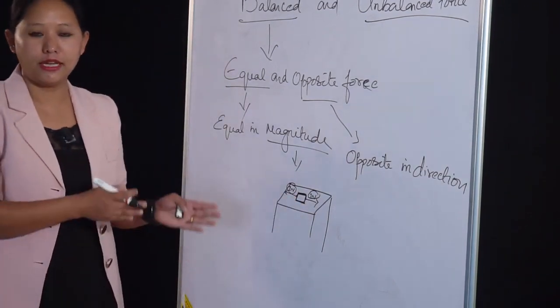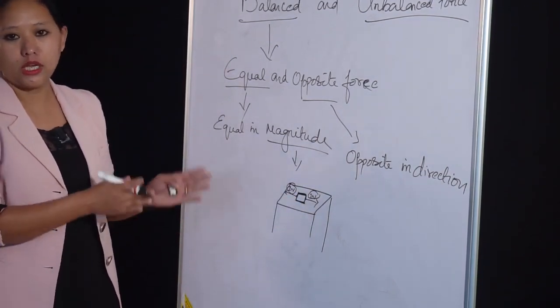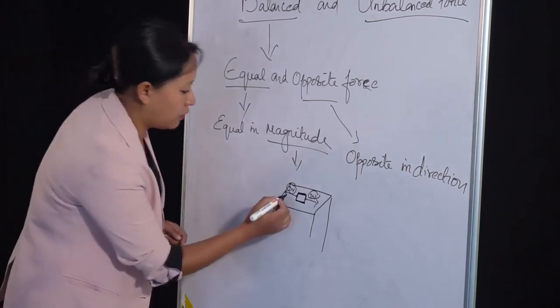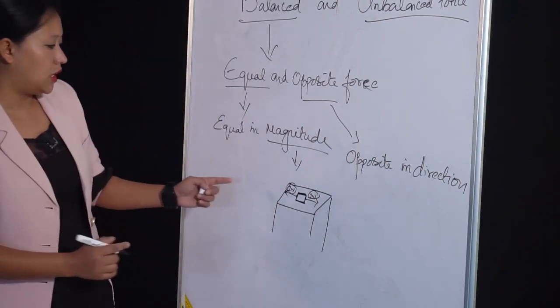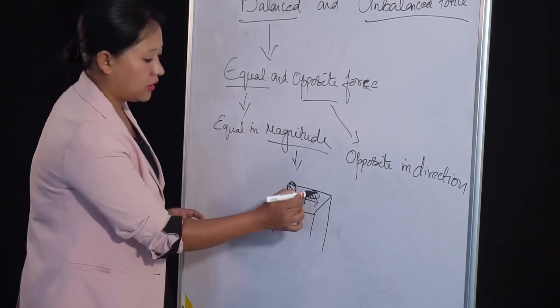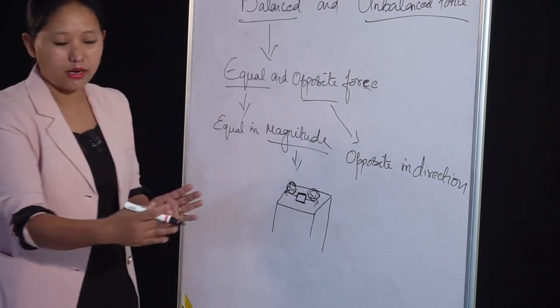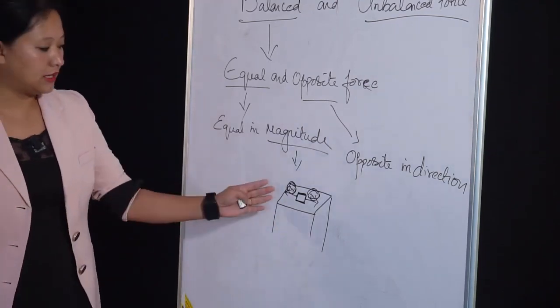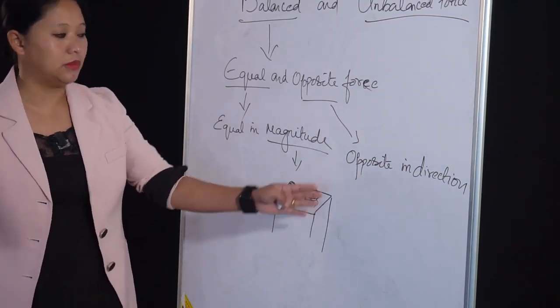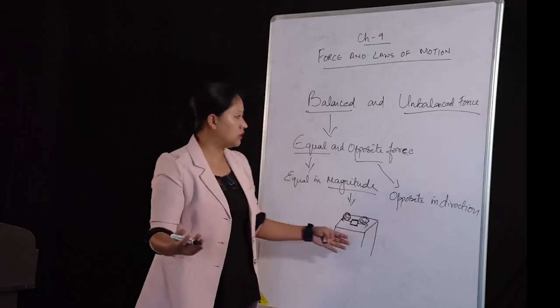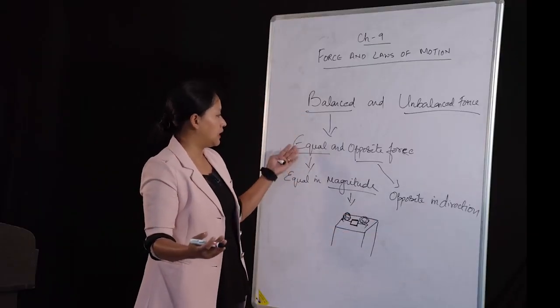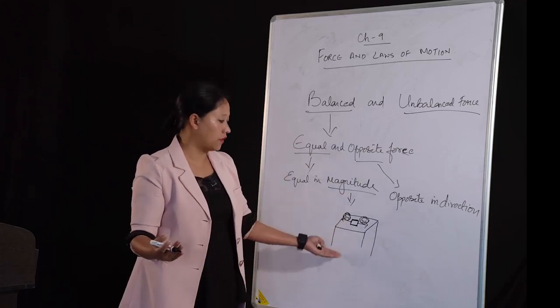It will just remain as it is, at rest. This is called equal in magnitude, 1 Newton and 1 Newton. And since one is on the right hand side and the other is on the left hand side, they are opposite in direction. So this is called balanced force, that is, equal and opposite force.